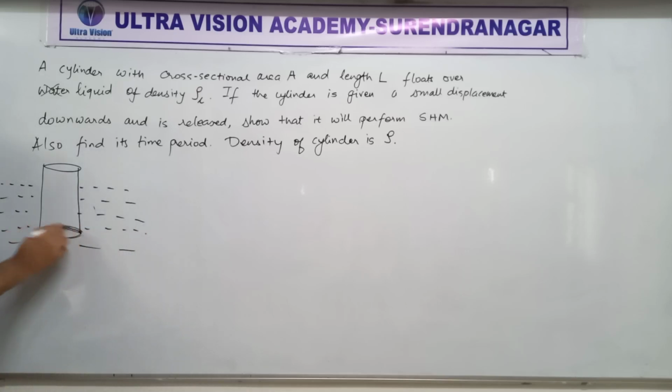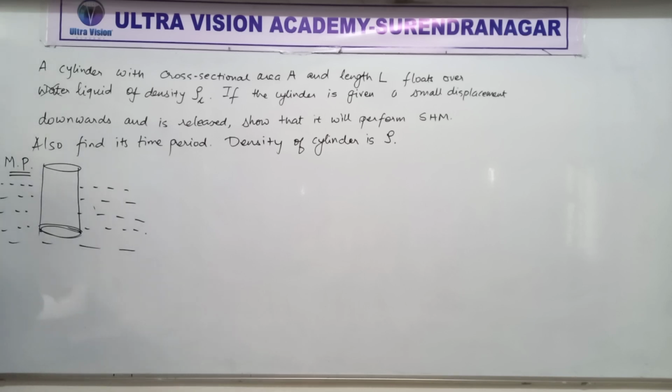Which force acts on it so that it can float? Yes, very good. The buoyant force, correct. It will act in the upward direction. So this is the situation that we have in equilibrium position, or mean position.